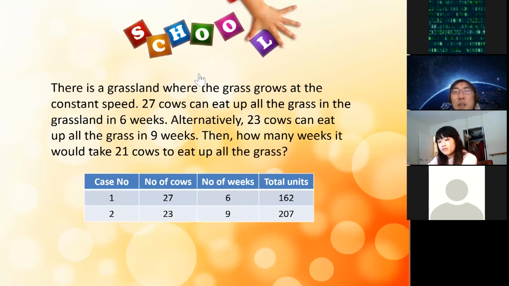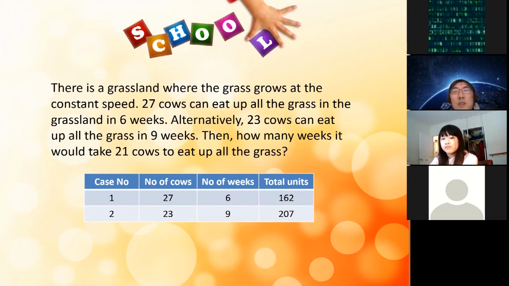If 1 cow eats 10 kilograms, then 2 cows can eat 20. Then how about the 27 cows? It should be 270 kilograms, right? Yeah. The more cows, the more grass they eat. So if you define the unit as the amount of grass 1 cow eats in 1 week, then 27 cows eat 27 units of grass.